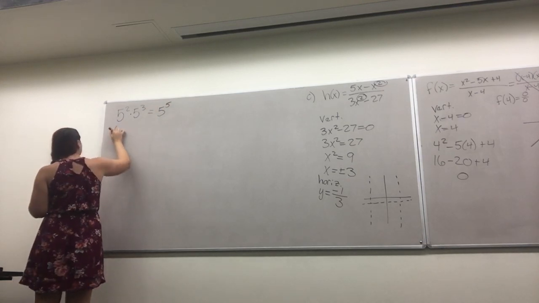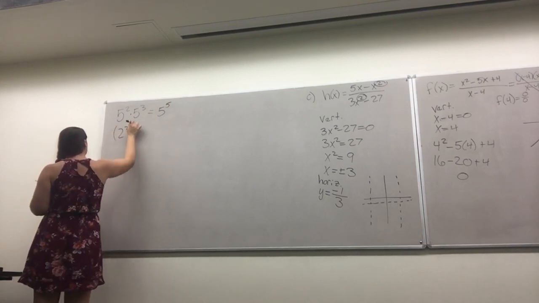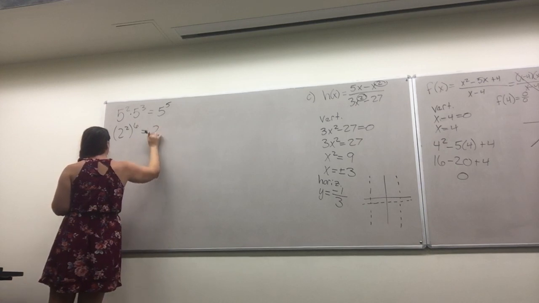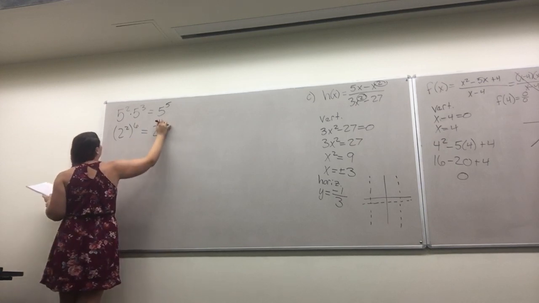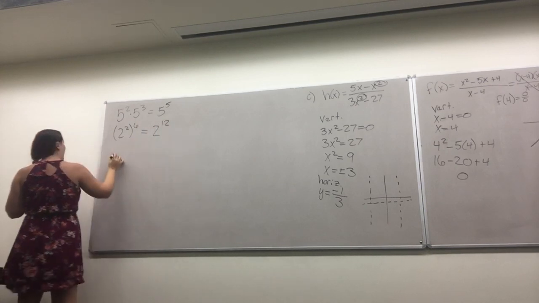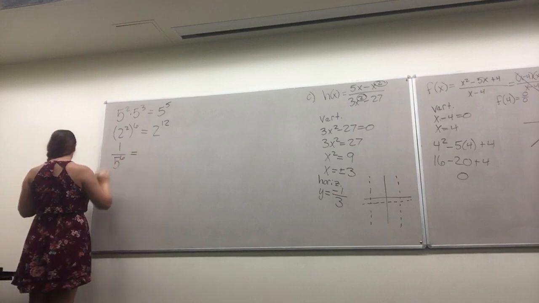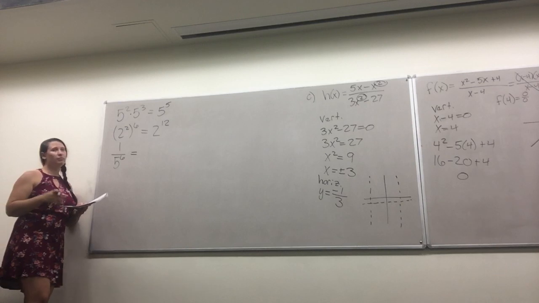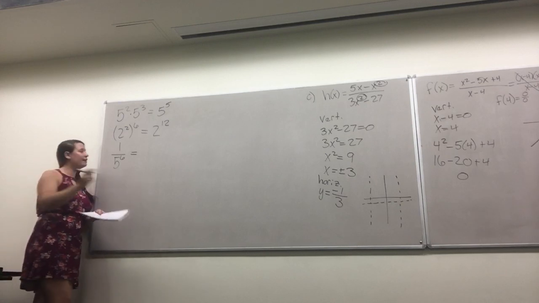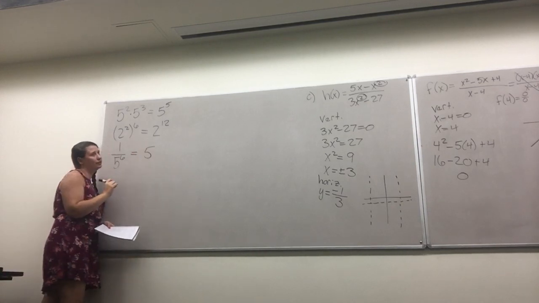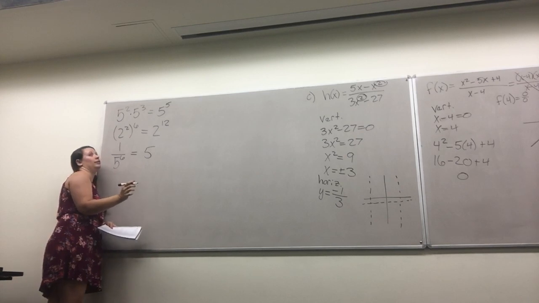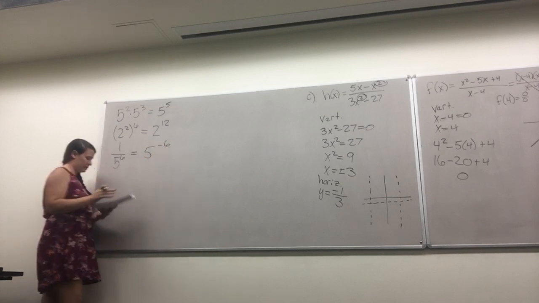We have 2 squared to the 6th, we end up with 2 to the 12th. We have 1 over 5 to the 6th, and we want to write it with just powers of 5, so 5 to the what? -6.